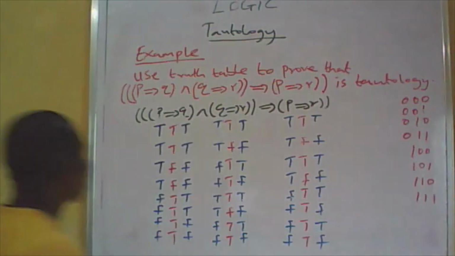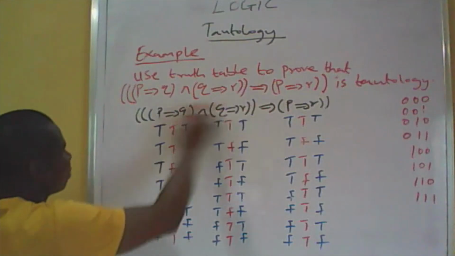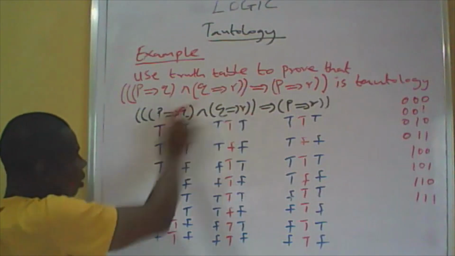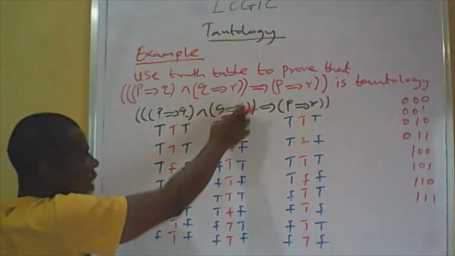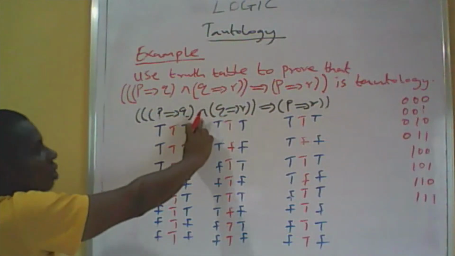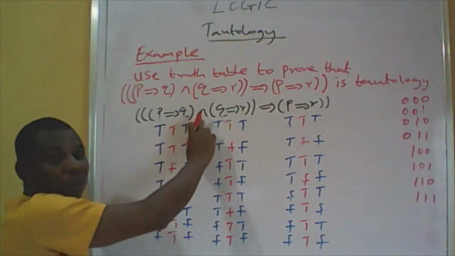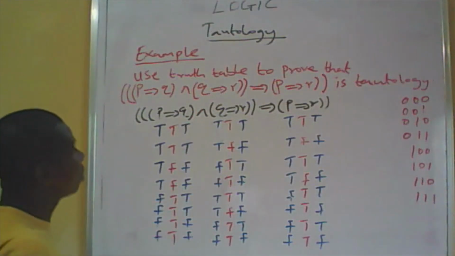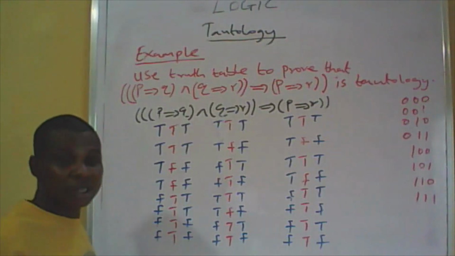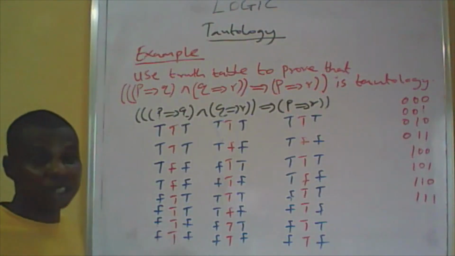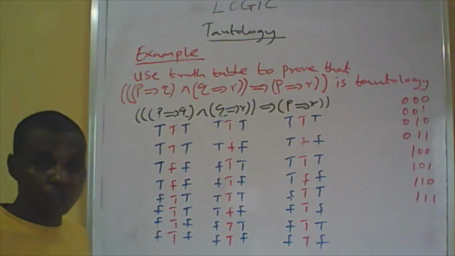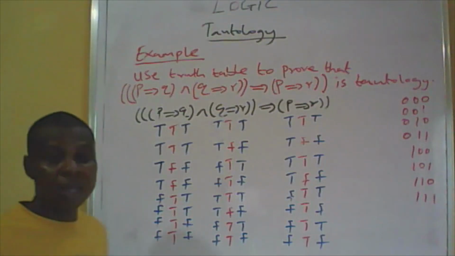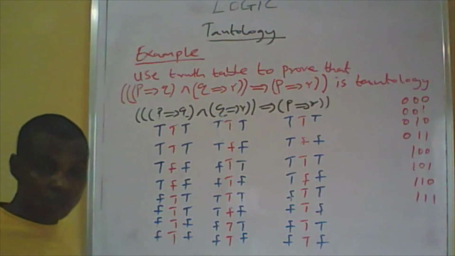Very good. And you know that this statement, P implies Q and Q implies R, are being combined by this conjunctive connective. That means this is the and connective. We know that we can evaluate a conjunctive statement to be truth when the two conjuncts are truth.